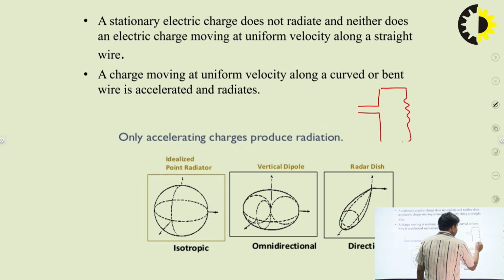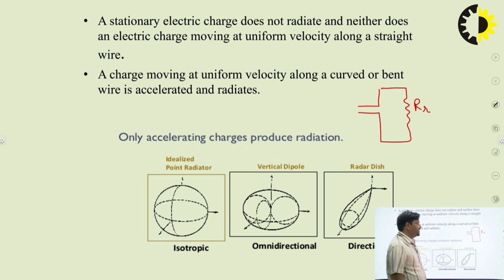What is the radiation resistance? Radiation resistance is a fictitious resistance connected in series with the antenna, which would consume the power that the antenna actually radiates. That is called the radiation resistance. By using the radiation resistance, we can calculate how much the antenna radiates.